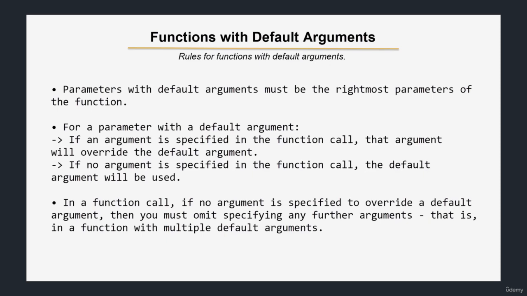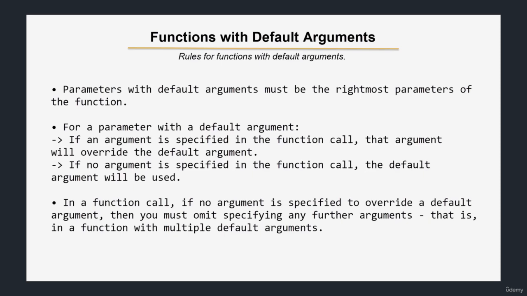Now in the function call, if no argument is specified to override the default argument for the second parameter, so you won't give an argument for that second parameter, that also means that you have to omit specifying an argument for the third parameter. So in that case, it's going to use the default arguments specified for formal parameter 2 and for formal parameter 3 in that example.